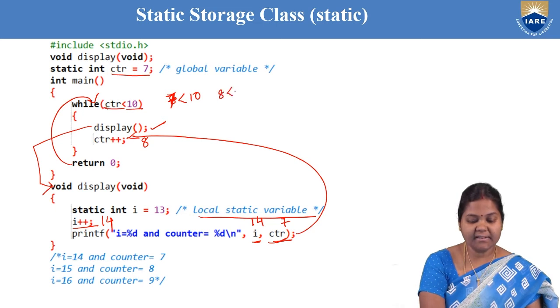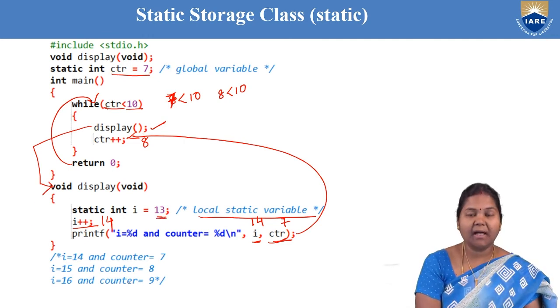That means 8 is less than 10. Yes, it is true. Again call the display method. The control will come to the display method and you will see that i will not be initialized with 13 again. It will retain the previous incremented value, which is 14. Reinitialization will not take place.